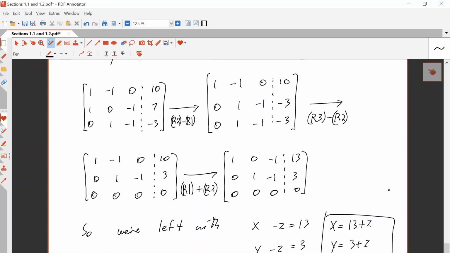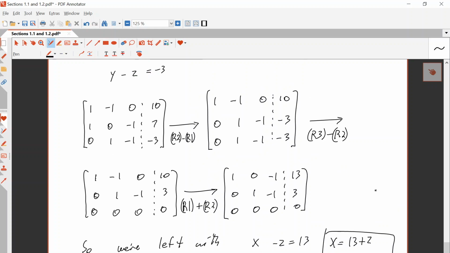So when you're doing this row elimination process, these row operations, for a unique solution with 3 unknowns, you need 3 equations. For a unique solution with 4 unknowns, you need 4 equations. But if one of your equations is a repeat or is dependent upon the first 2, then one of those equations essentially gives you no information.